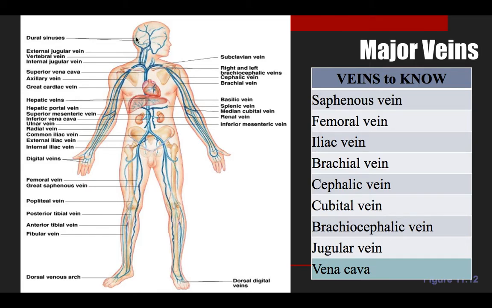So you have all of the deoxygenated blood draining out of your head and face and neck into the jugular vein, which then drains into the brachiocephalic vein, which then drains into the superior vena cava, which then drains into the right atrium.